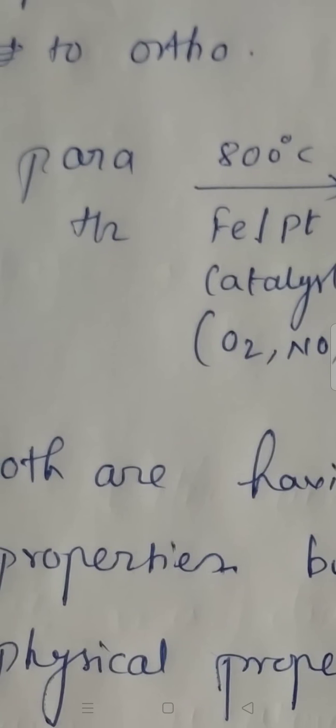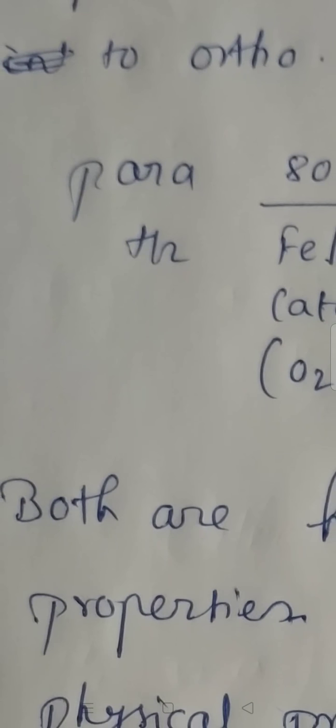What does it mean? In para hydrogen, one proton is oriented in one direction and the other proton is oriented in the other direction, so the resultant spin in para hydrogen will be zero. In orthohydrogen, the resultant spin is doubled.